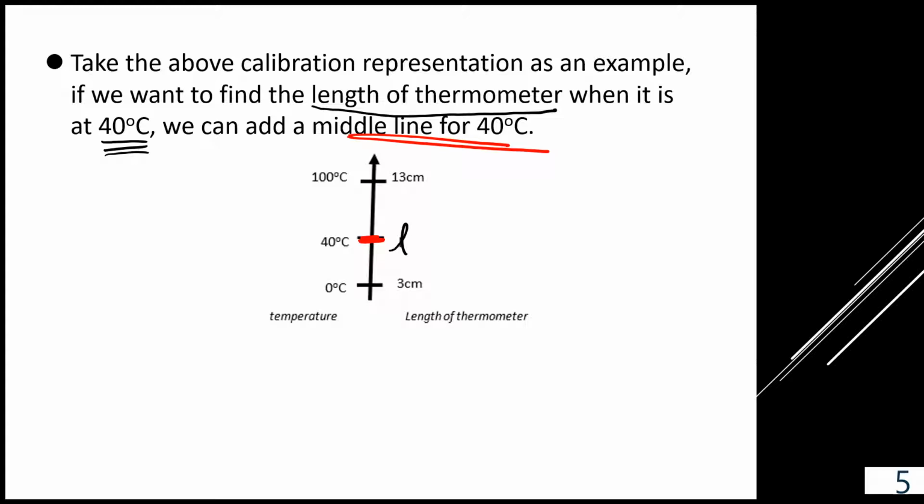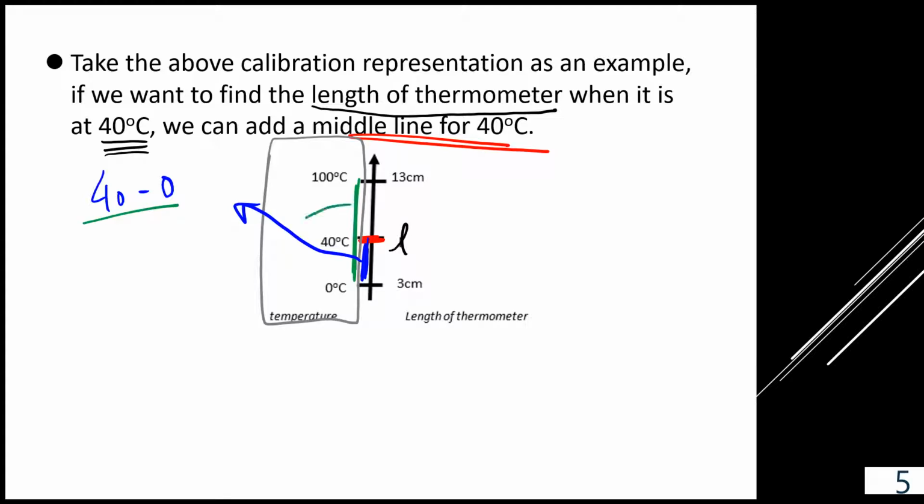Let's first take a look at the left hand side part. In Form 2, you have learned the ratio between the two lines. The blue one is 40 minus 0, and the green one is 100 minus 0.